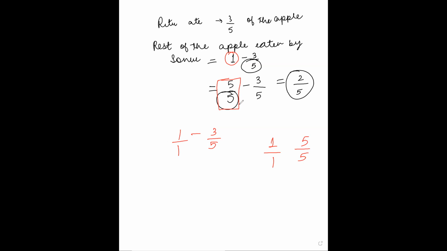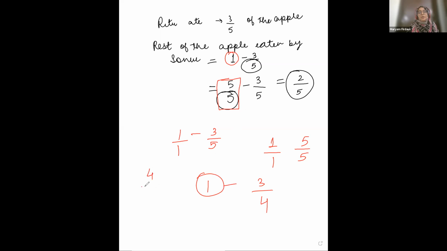You can write 1 by 1, you can write 2 by 2, 3 by 3, 4 by 4, whatever you want to write. But in this case, you will say 5 by 5 because of the denominator being 5. If it was 1 minus 3 by 4, then you will write this as 4 by 4 minus 3 by 4. 1 will now be written as 4 by 4, because 4 by 4, when you cancel it, becomes 1 only.